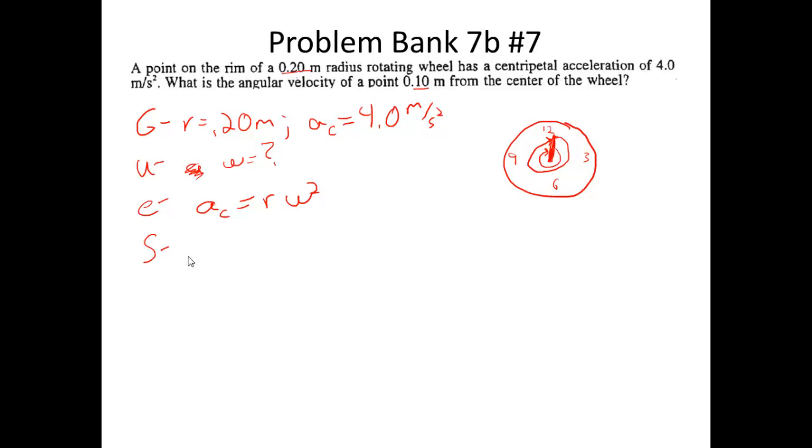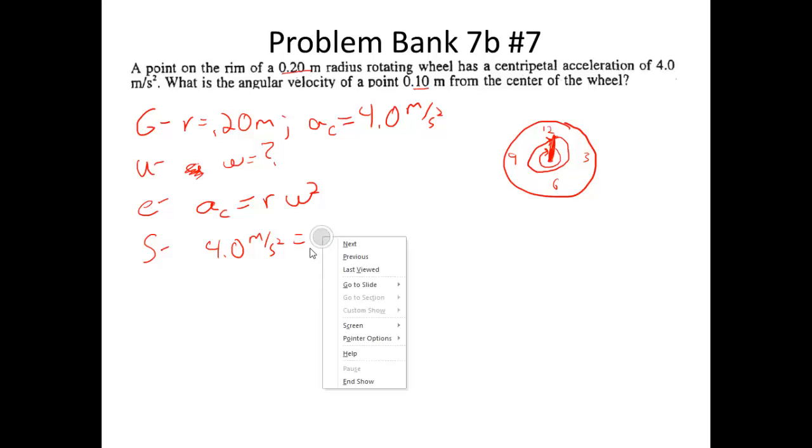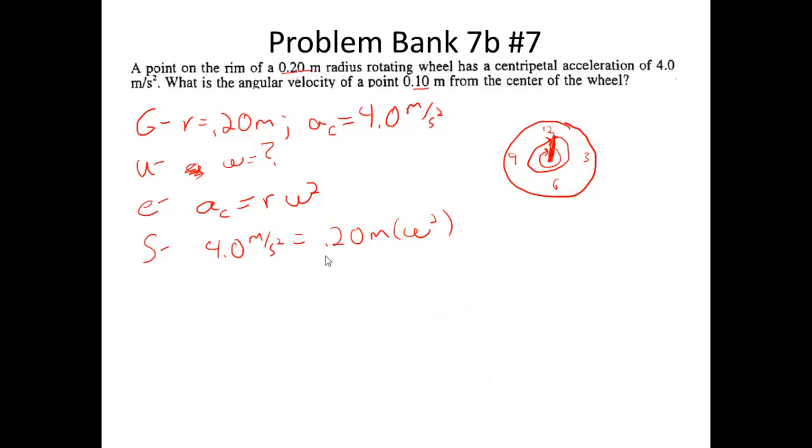So as we plug in what we know, we see that we have 4.0 meters per second squared is equal to r, which is 0.20 meters, times omega squared.